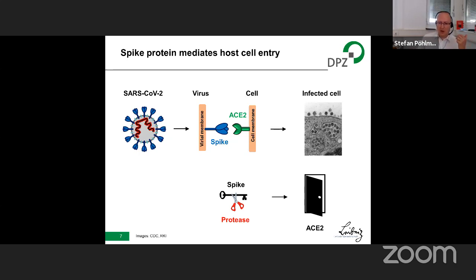So if you want to, the spike protein is the viral key to the target cell, and the ACE2 protein is the access door. The point, however, is that the key is not just working, it needs to be activated, and for this, it needs to be cleaved by host cell proteases.